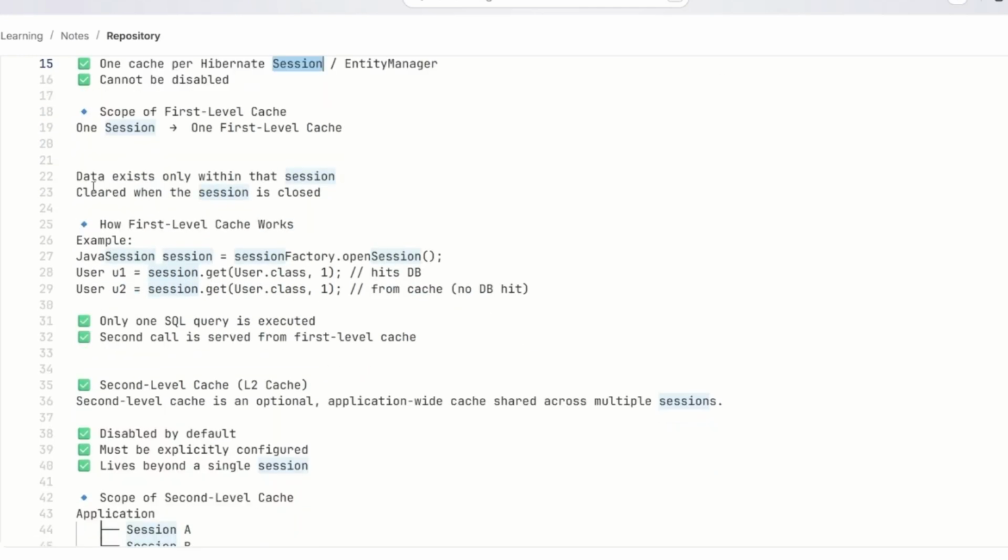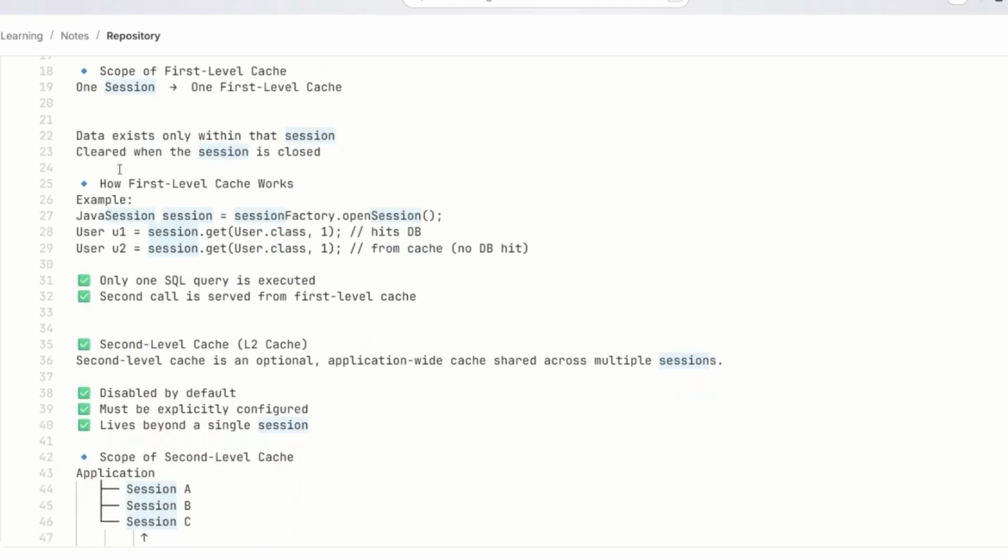So let us consider this query. In the first query, we are trying to hit the database and get the user with ID one. So in the first query, it will hit the database. But whenever we try the second query to get the same user ID, it will hit the cache, not the database.